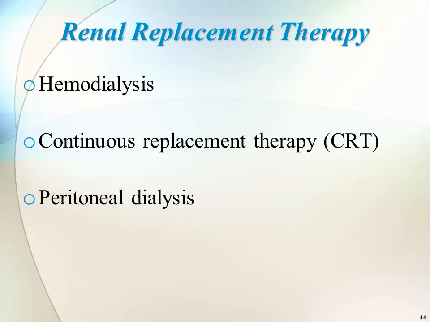And then the last thing we want to talk about is peritoneal dialysis. Peritoneal dialysis is just as effective as hemodialysis. It's an alternate method that works with the same principles of diffusion and osmosis.